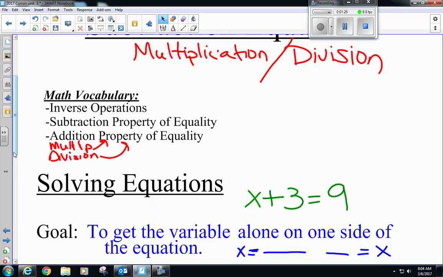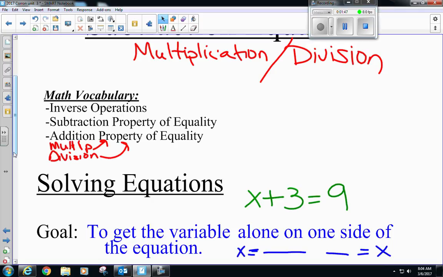And that's what we used to solve for those properties. Now we're doing multiplication property of equality, which is if you multiply both sides by the same non-zero number, it stays equal. And the same with division. Okay? So basically, each operation has this property, and as long as you do the exact same thing to both sides, you keep it equal.